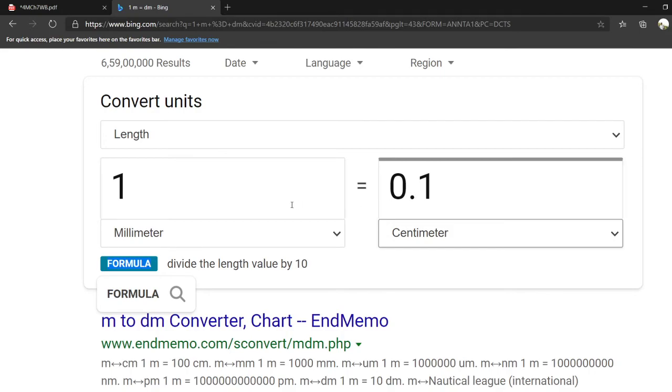So from millimeters to centimeter, you can multiply by 0.1, or in simple language, divide the millimeter value by 10 to get centimeter, right?